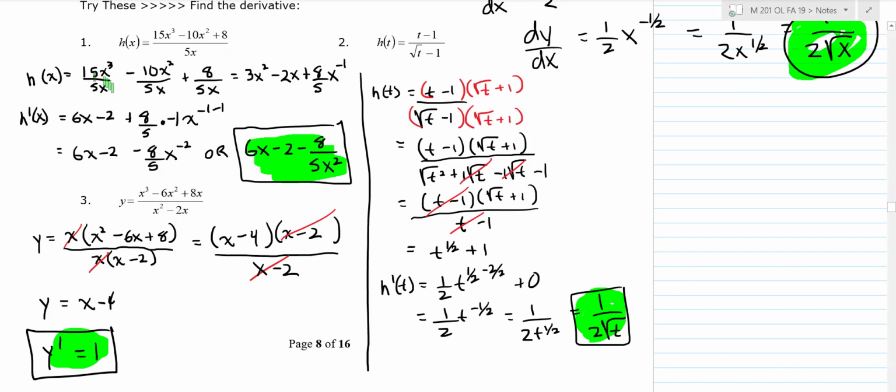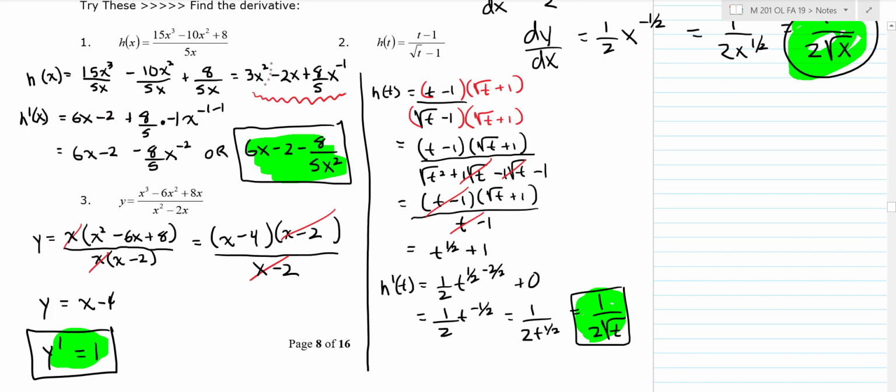Now the algebra on this is, of course, 15 over 5 is 3, 10 over 5 is 2, and then this part right here is real crucial. You can't do the derivative of this until you bring that x to the top to get this. So actually the first thing you have to pay attention to is, did you get this? Now you're ready to do the derivative. So that's the simplification problem like that.